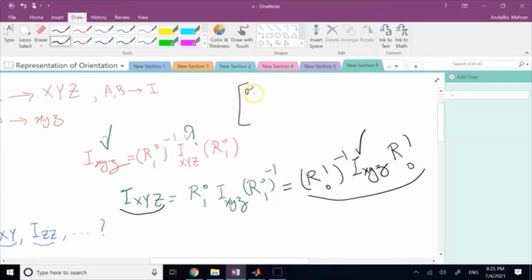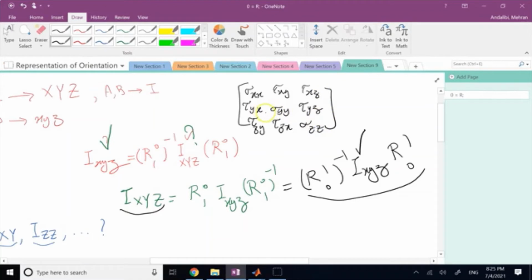If you remember, sigma xx, tau xy and tau xz, as well as tau yx, sigma yy, and tau yz, and similarly tau zy, tau zx, and sigma zz.